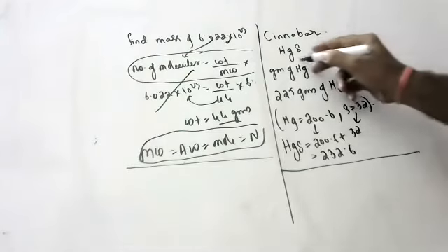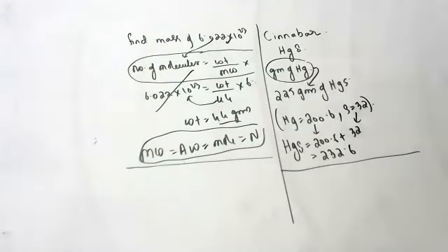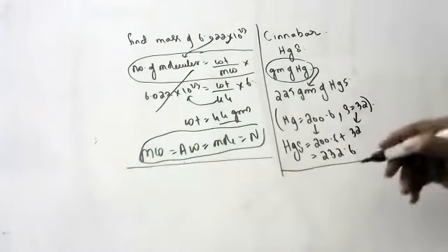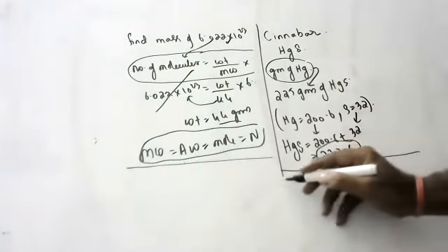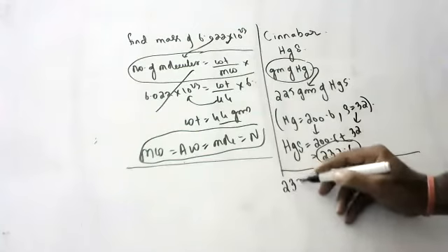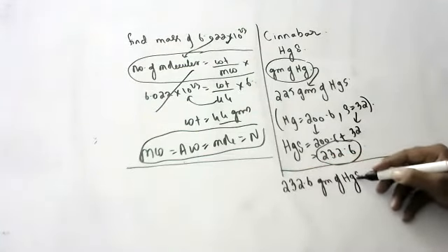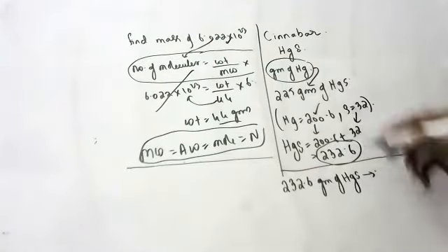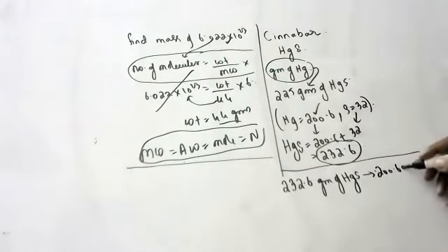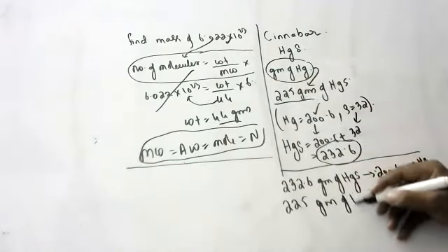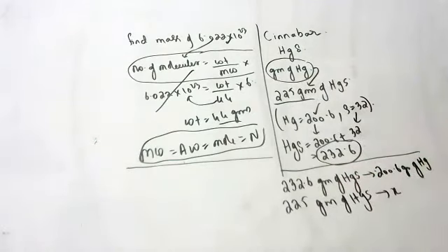Question is, how many grams of mercury is present in 225 grams of HgS? 232.6 grams of HgS has 200.6 grams of mercury. Now, 225 grams of HgS has how much mercury?